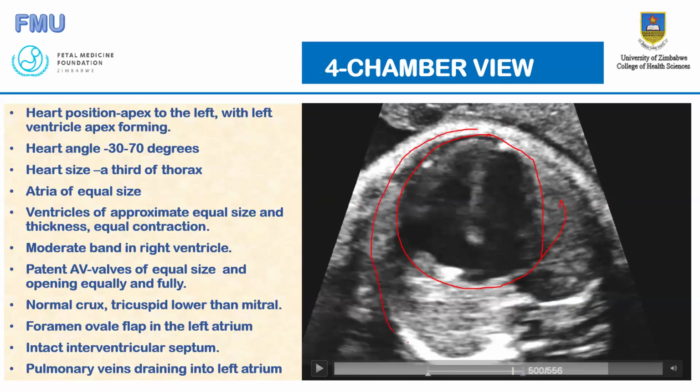We don't follow the skin of the thorax, we follow the ribs. Then we measure the thoracic circumference. The cardiothoracic ratio is the cardiac circumference divided by the thoracic circumference. If the cardiothoracic ratio is more than 50%, then indeed we have a cardiomegaly.